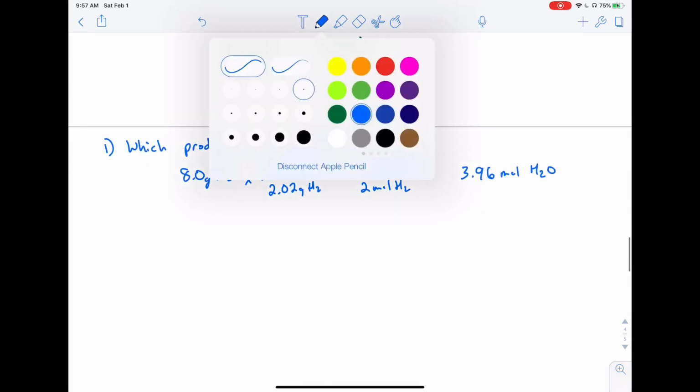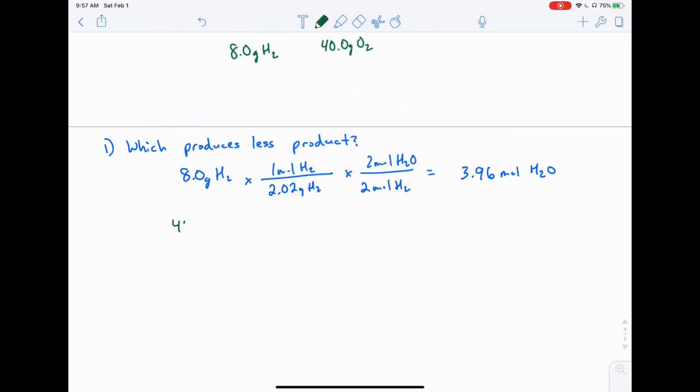Now, you could also do 40.0 grams of O2, proportion method: 32 grams of O2 per 1 mole of O2. So 40 divided by 32 gets you 1.25 moles of O2.